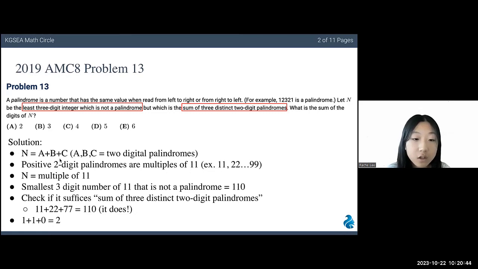The smallest three-digit multiple of 11 that is not a palindrome is 110. We first have to check if this possible answer is the sum of three distinct two-digit palindromes, as listed in the question. When we try different cases, we can see that 11 plus 22 plus 77, which are all two-digit palindromes, sum up to 110. So we can now say that n is 110, and by adding up all of the digits of n, we get the answer of 2.